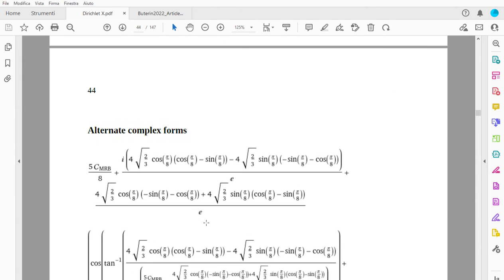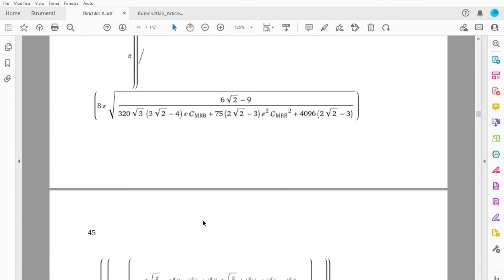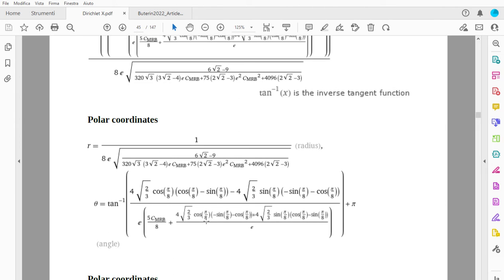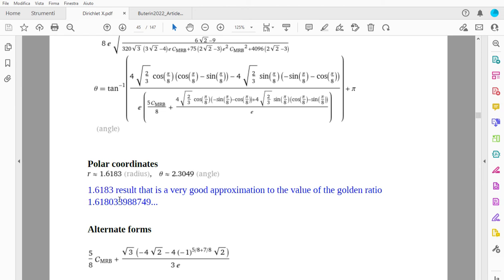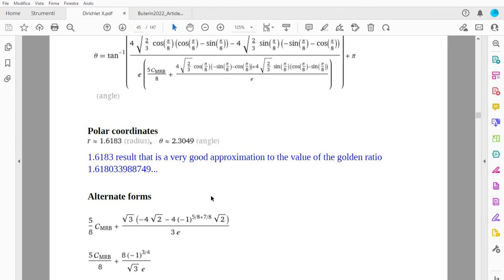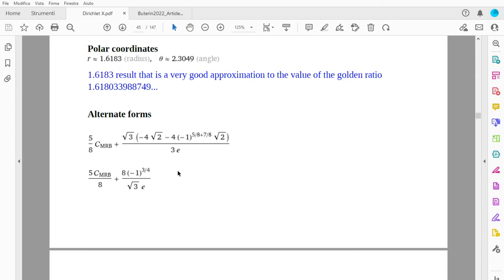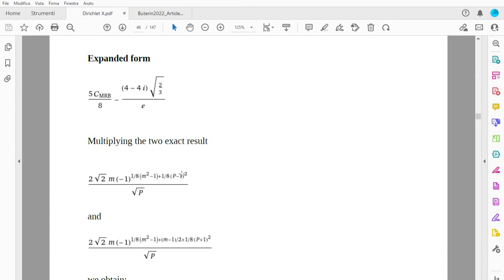The result that in polar coordinates is equal to a result that is a very good approximation to the value of the golden ratio. Okay. Also here, alternate forms, expanded forms.